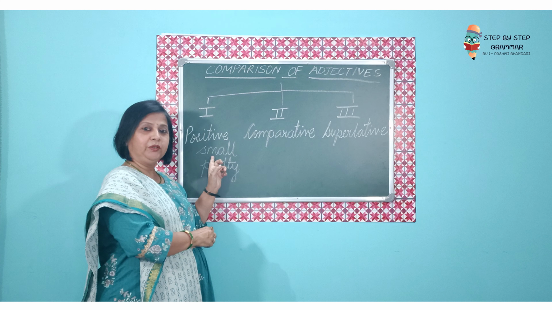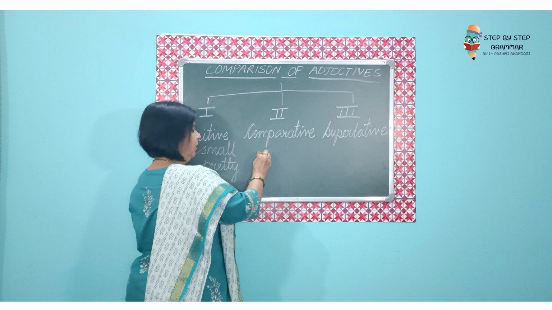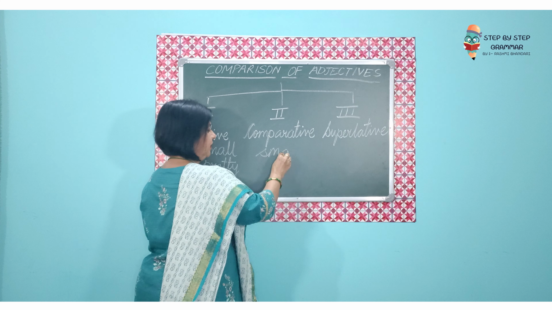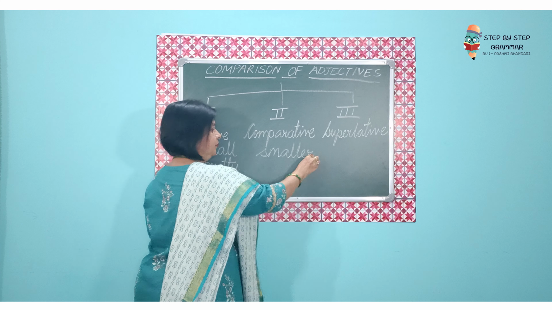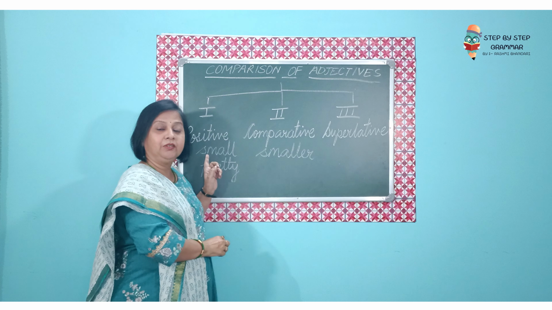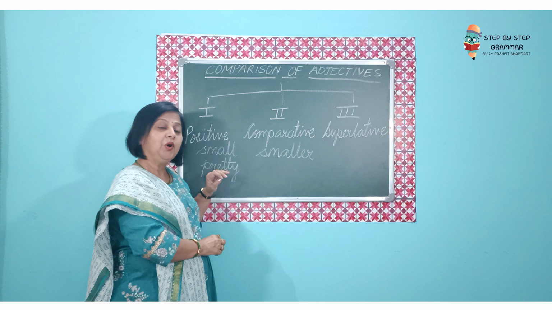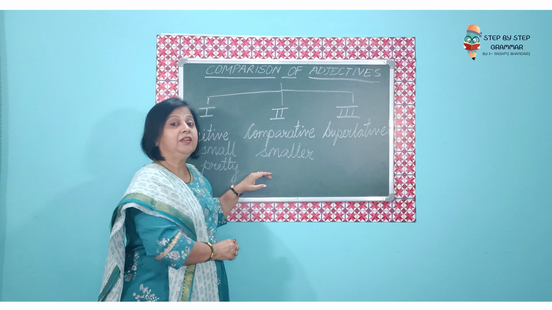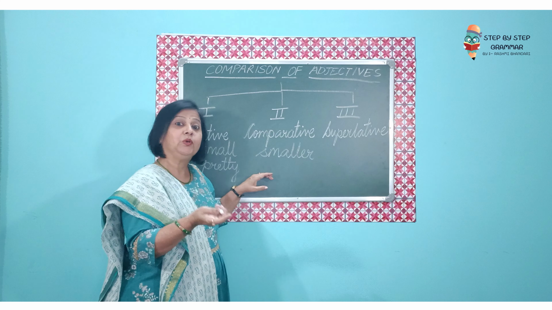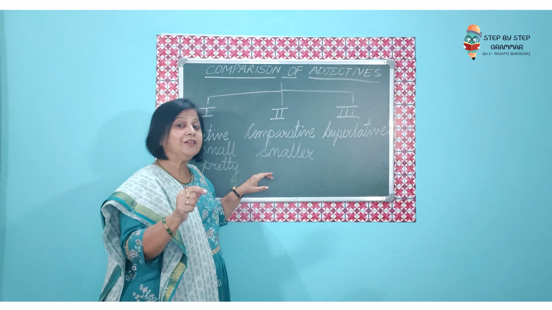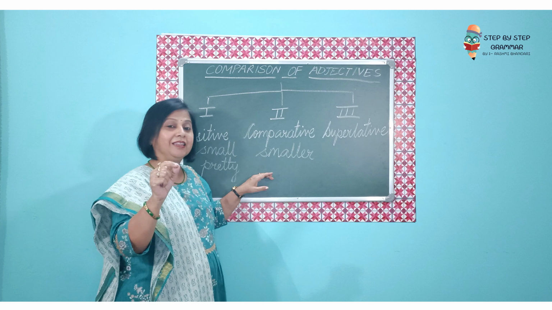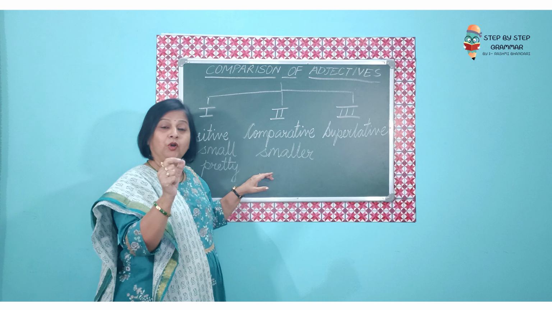Same thing that I have written over here, small. Now I can make the comparative as smaller. Here I just spoke about the presence of a quality, that the mouse is a small animal. Here I can compare the mouse maybe to a cat. So the mouse is smaller than the cat. So what am I comparing?